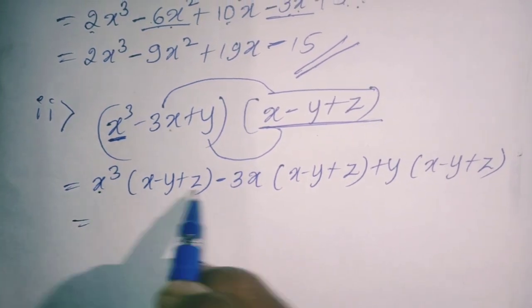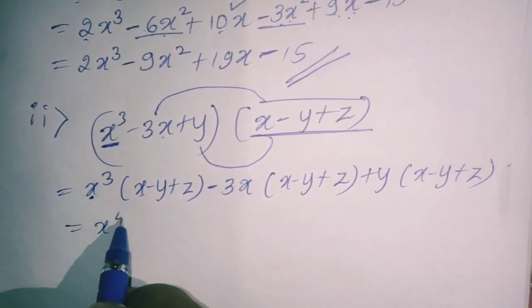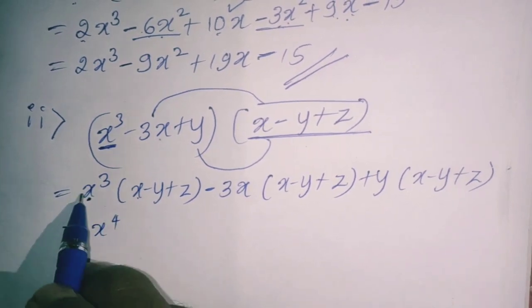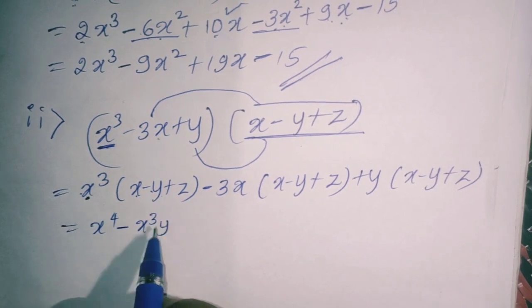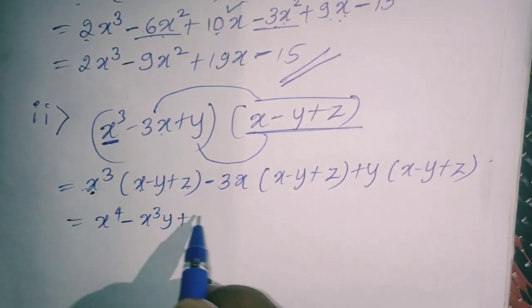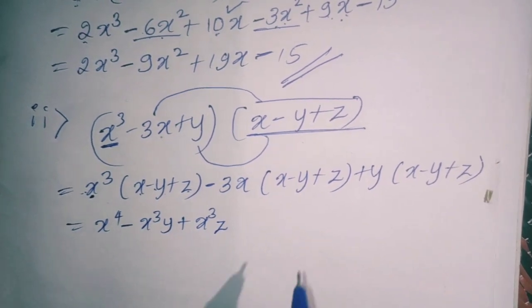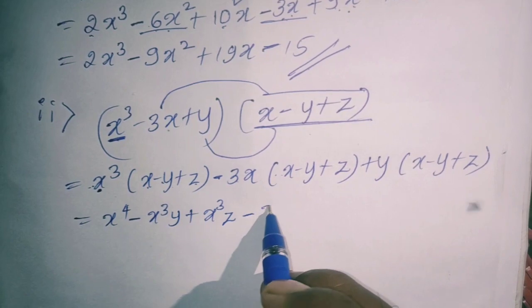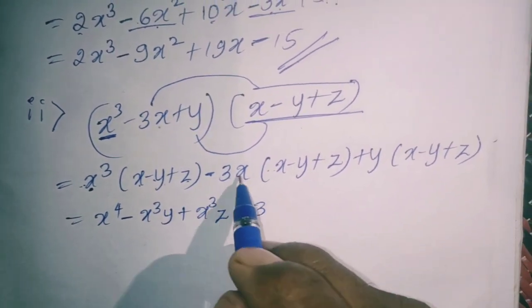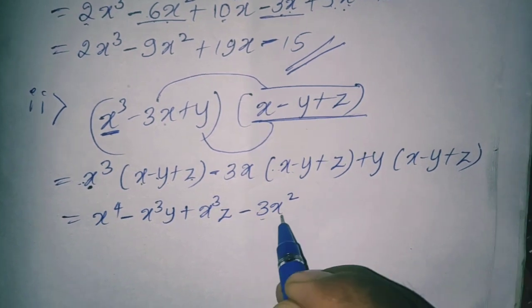Now again the same thing, monomial into polynomial. Multiply this x cube into x, x raised to 4. Then here plus into minus, minus x cube y. Then here plus into plus, plus x cube z. Then minus into plus, minus 3 ones are 3, x into x square, minus 3x square.